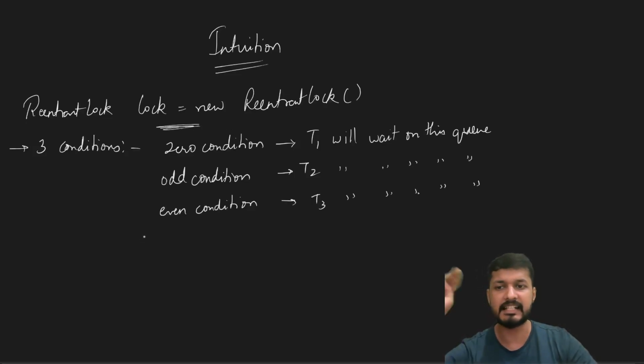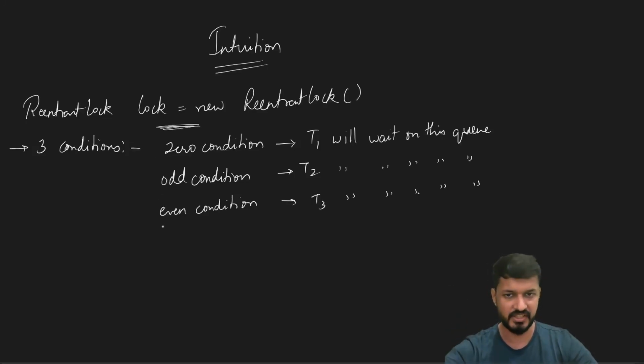Then we'll create three conditions. One will be the zero condition, second will be the odd condition, and third will be the even condition. T1, the thread which is responsible for printing 0, will wait on the zero condition queue, right? Similarly, T2 will wait on the odd condition queue and T3 will wait on the even condition queue, right?